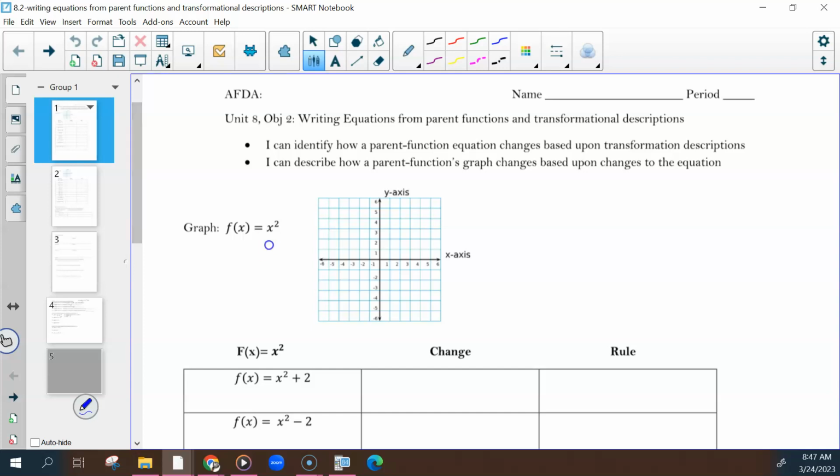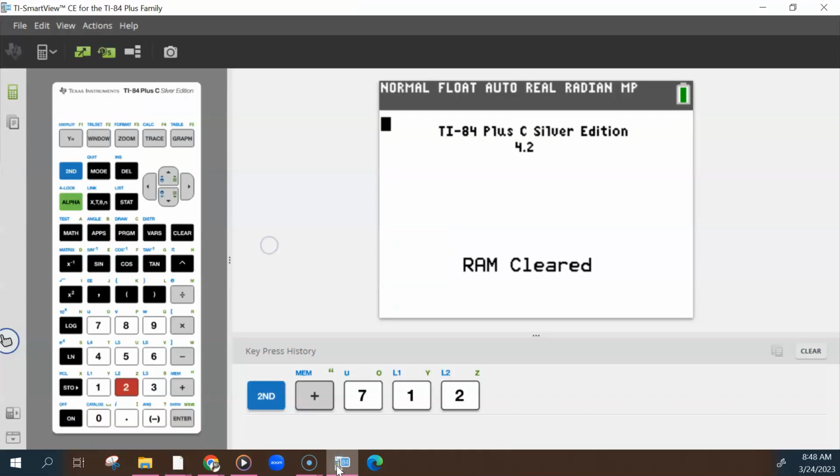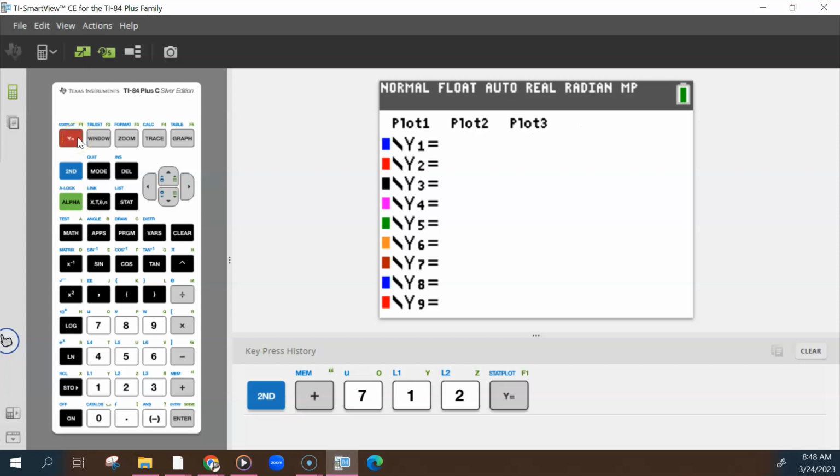But go ahead and first clear out, reset your calculator. 2nd plus 7, 1, 2. And go into y equals and type in your function, x squared.